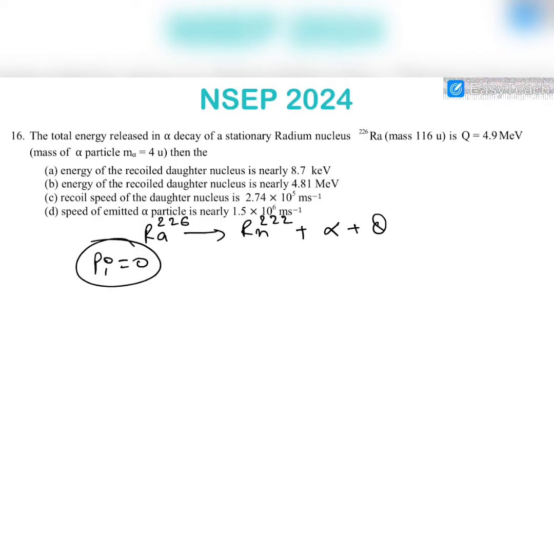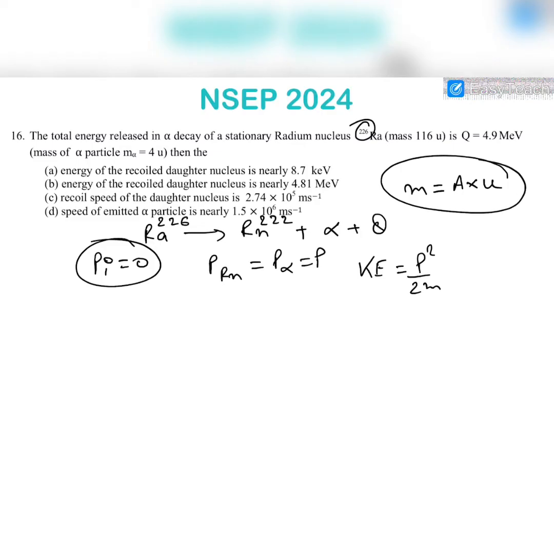So we can say that the momentum of this radon and the momentum of this alpha particle will be same, equal to P, and the kinetic energy is P square by 2m. And mass is mass number A into AMU U.